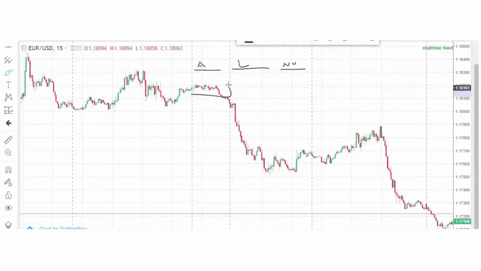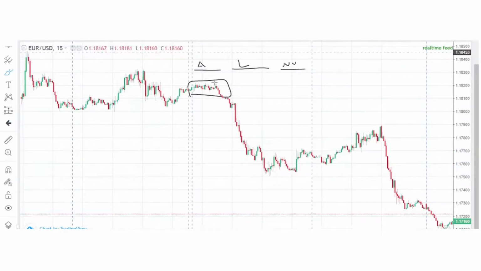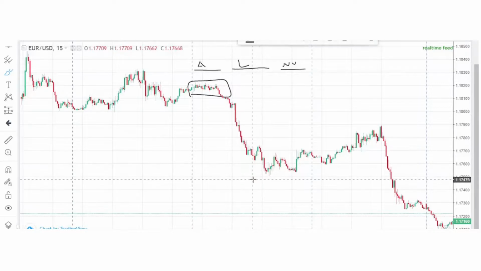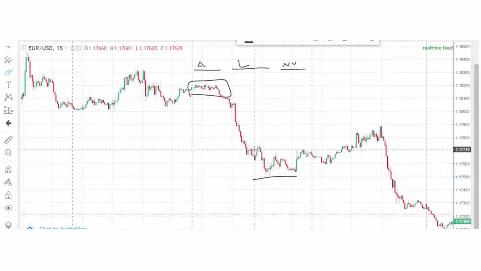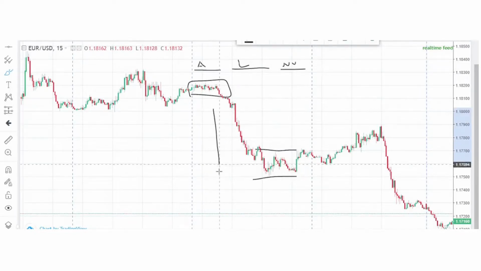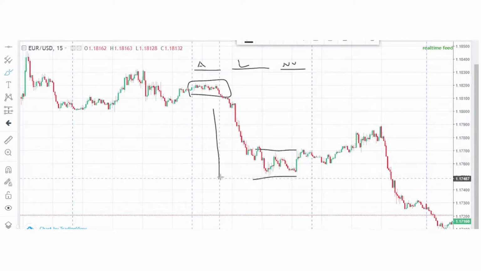From this hold here, it's a run. So this is our seller's territory. This area here.